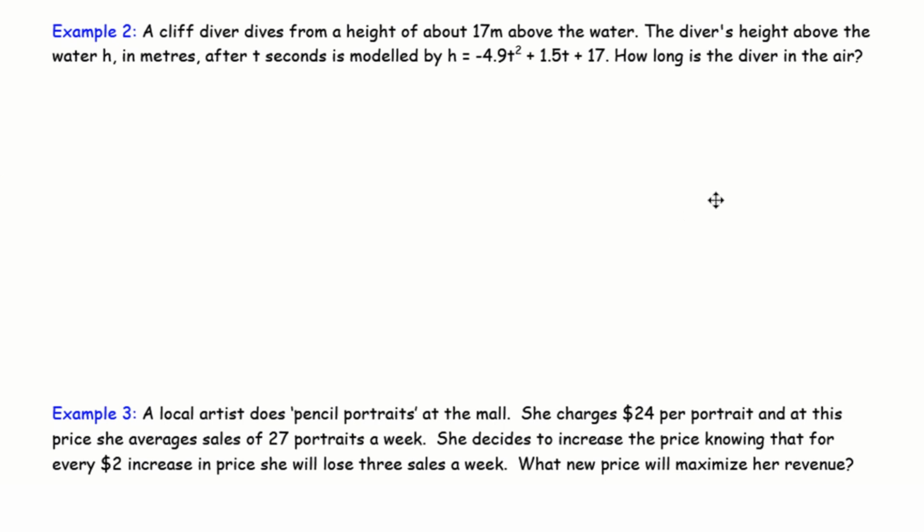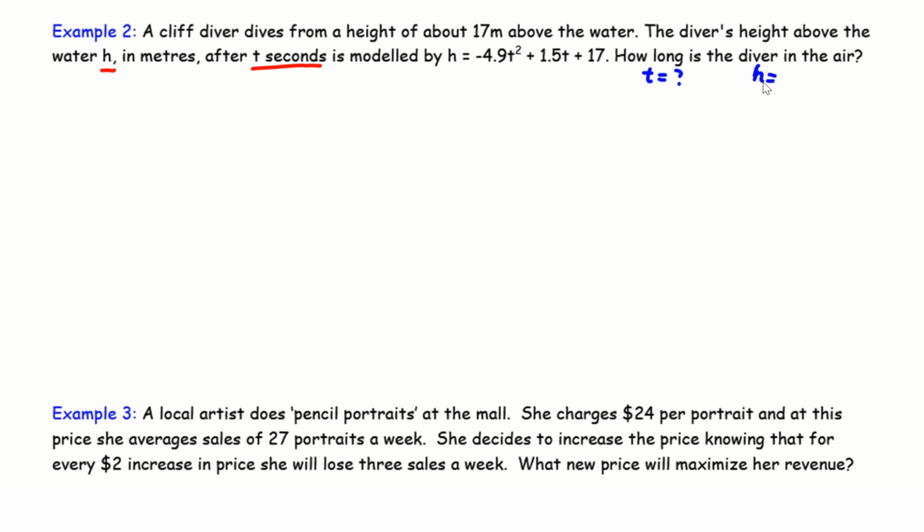The diver's height above the water is h in meters, and after t seconds is modeled by this equation: h equals negative 4.9 t squared plus 1.5 t plus 17. It asks you how long. It asks for the t value, then we know the h needs to be given.